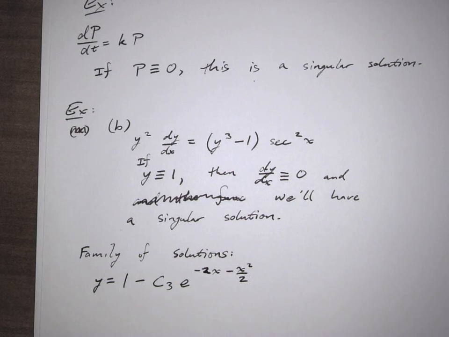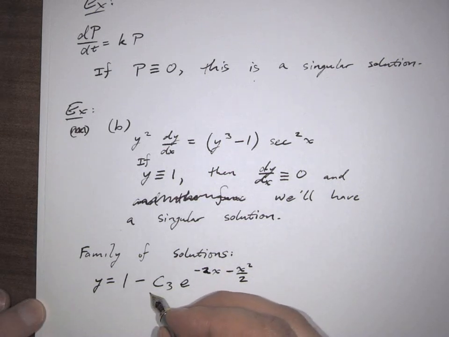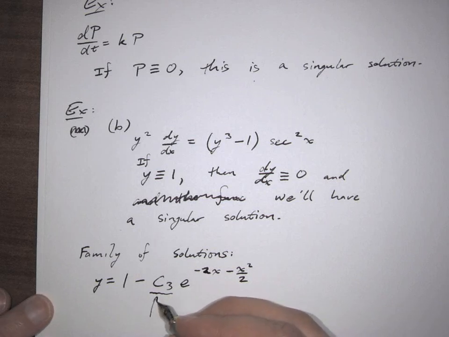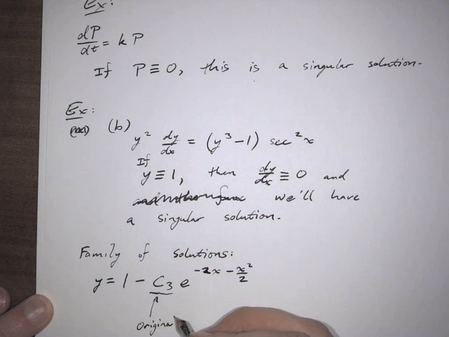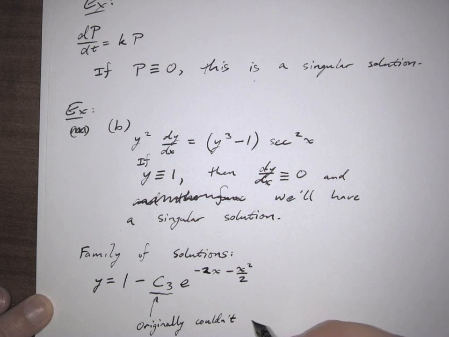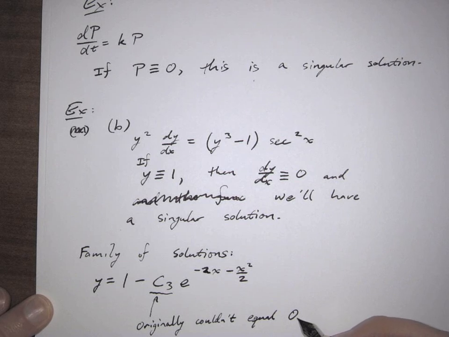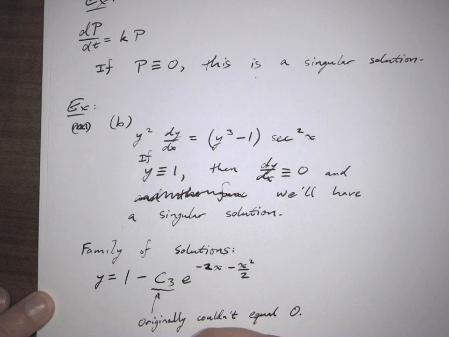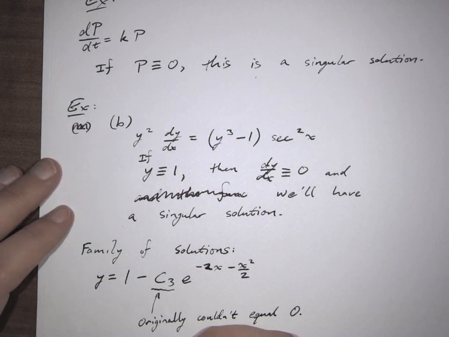So this is the usual family of solutions, but here, this originally couldn't equal 0, but it turns out that if c3 does equal 0, then that actually is still a solution, but now it's a singular solution.